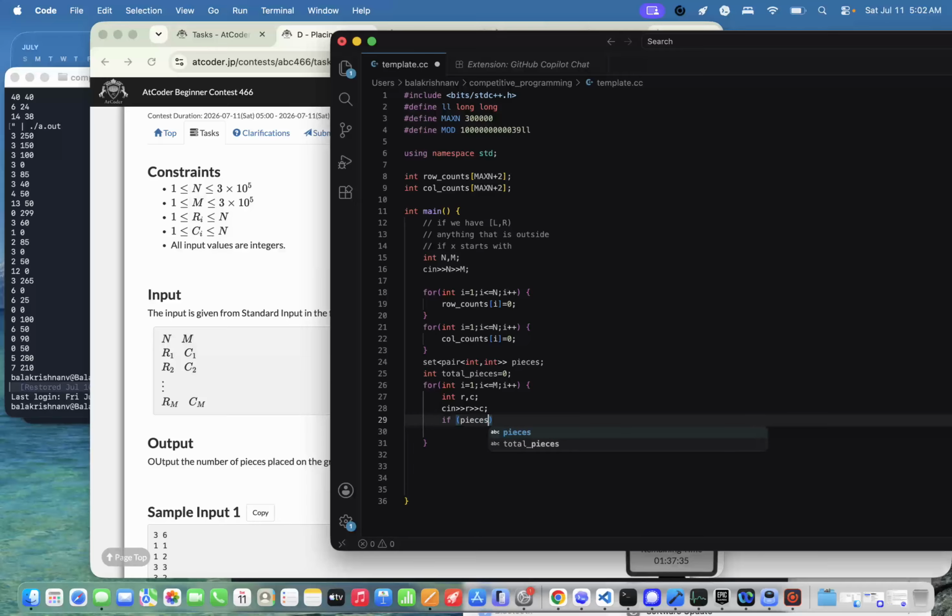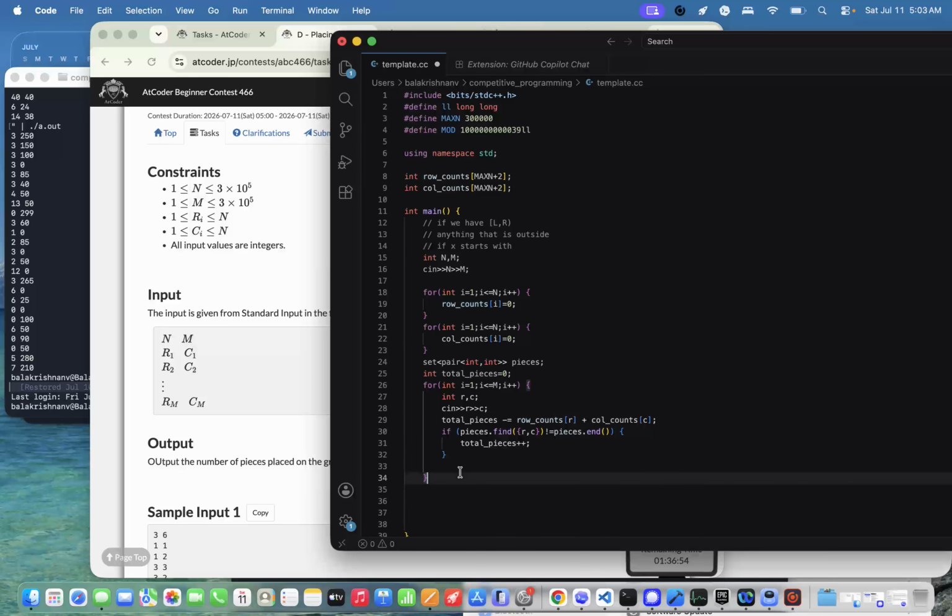If pieces, total pieces minus equal to row counts of R plus col counts of C. If pieces dot find of R comma C not equal to pieces dot end, total pieces plus plus, inclusion exclusion.